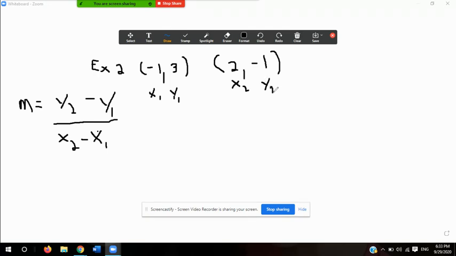So what we're going to do, guys, is we're simply going to plug in the numbers into our formula. y sub 2 in this case would be -1, and y sub 1 would be 3, so that would be -1 minus 3 over, or divided by, x sub 2, which is 2, and x sub 1, which is -1.